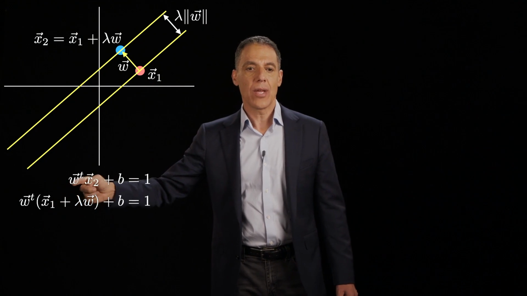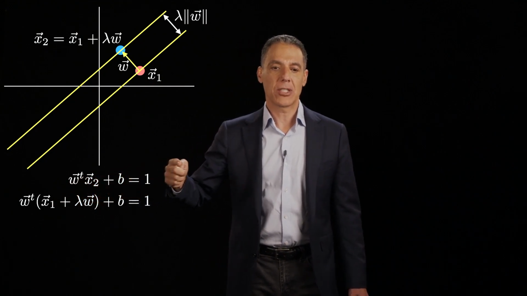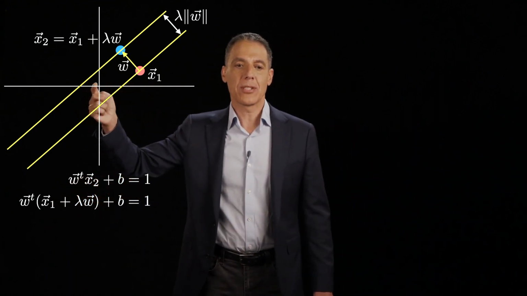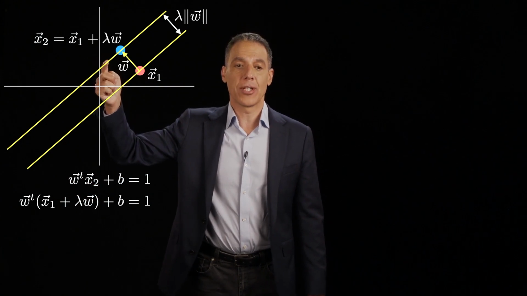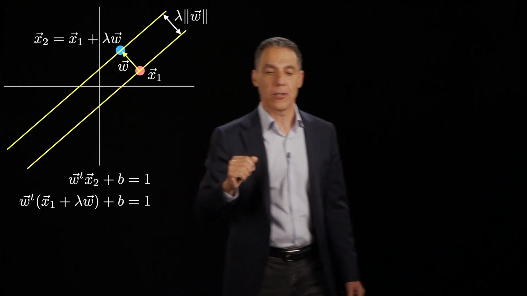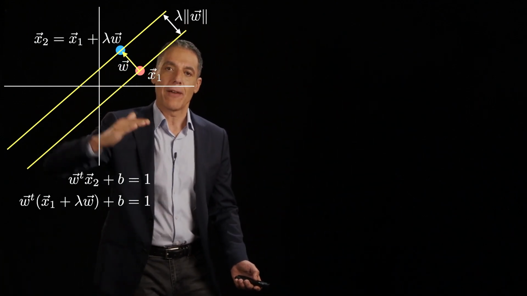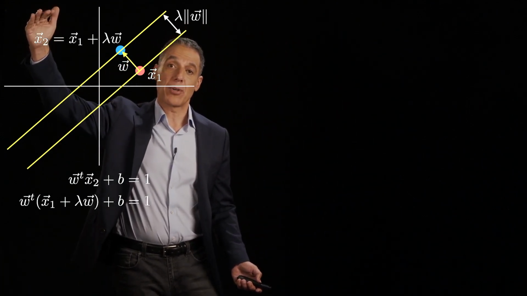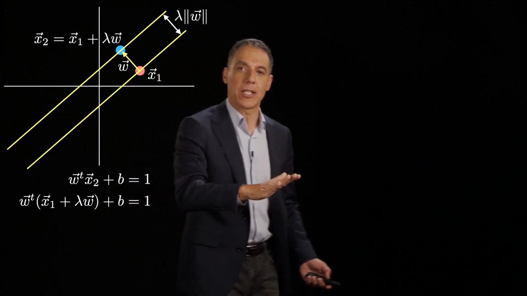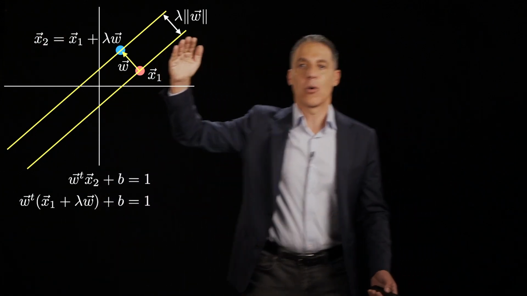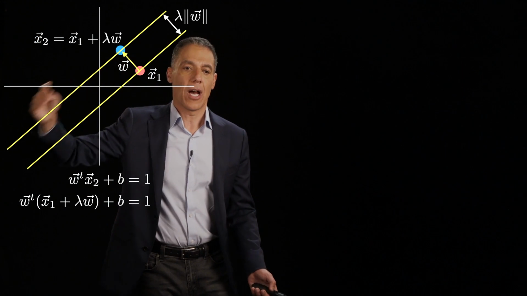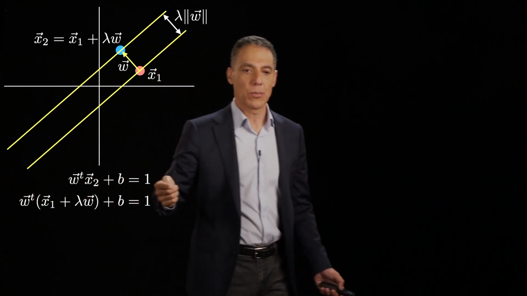It's that w x2 plus b must equal 1. Why 1? Because this is lifted up above the origin at a unit value here. So remember that for the dotted line that goes to the origin, the dot product of everything above is positive, the dot product of everything below is negative, and of course if it's on this line right here, then w x2 plus b is equal to 1.